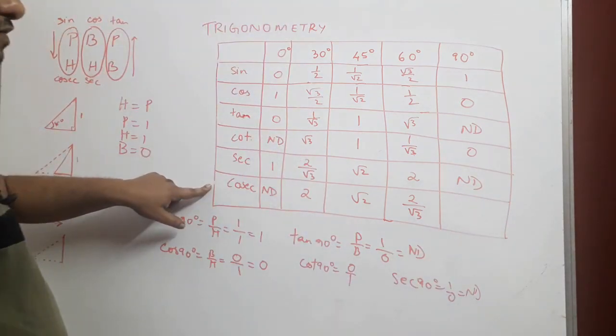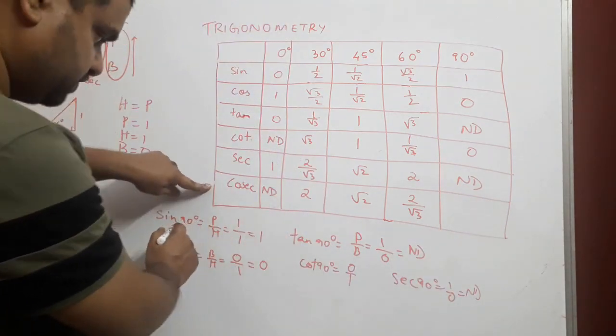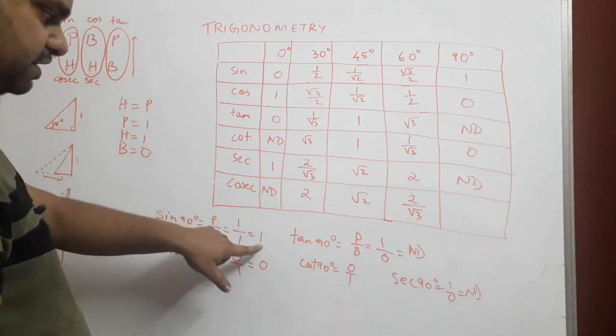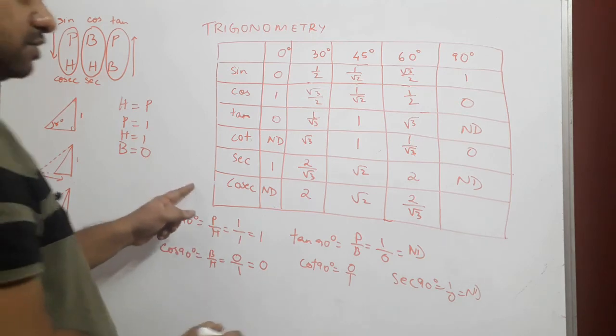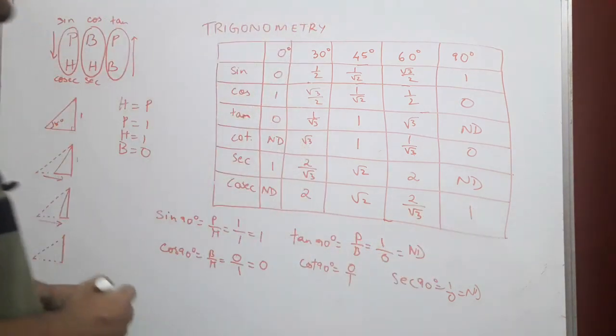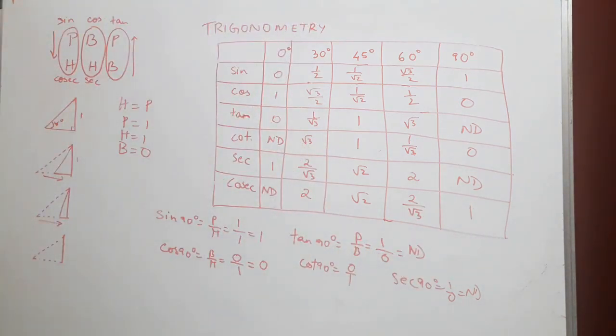Cosec of 90 degrees is opposite of sine of 90 degrees, and sine of 90 degrees is 1, which means 1 upon 1. It means cosec 90 degrees has also got to be 1. And in this way we complete the entire trigonometric table, the table which is used extensively to solve various problems, applications, word problems of trigonometry.